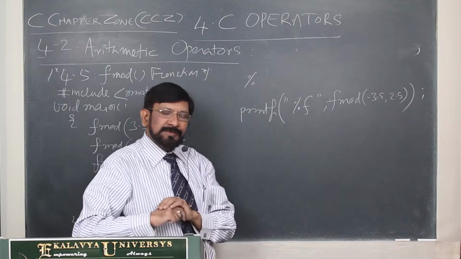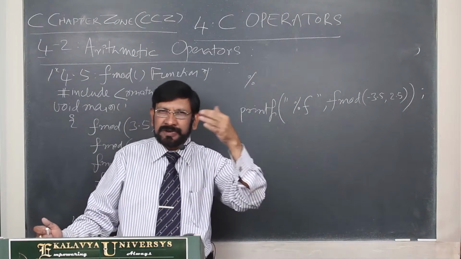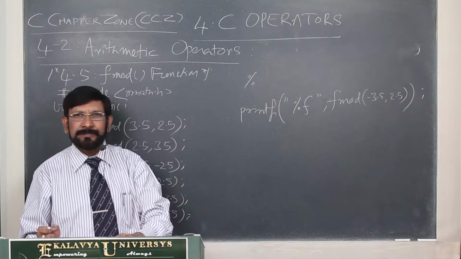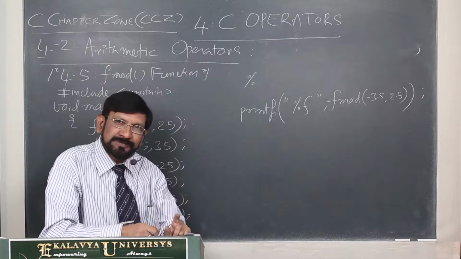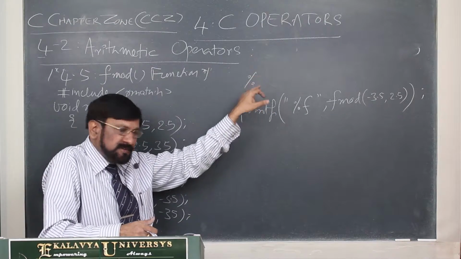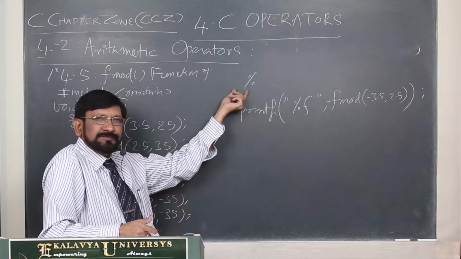Already many times I am using a phrase: we have to know the features and functionalities as well as the limitations of an element. That is also a must. Not only learning the features and functionalities of this operator, you must learn its limitations.